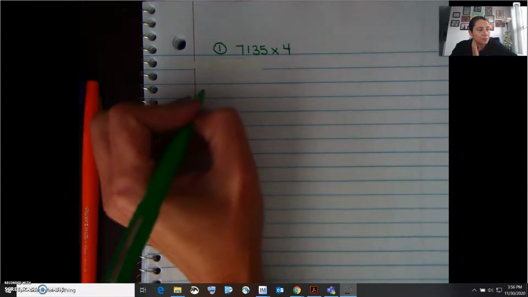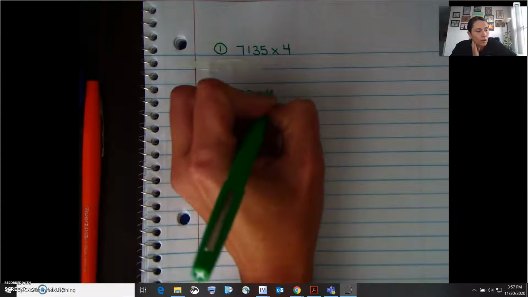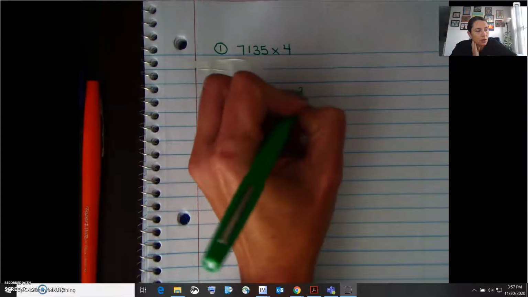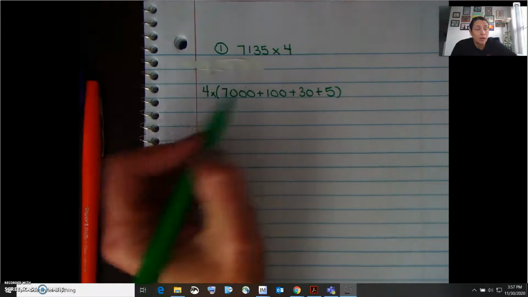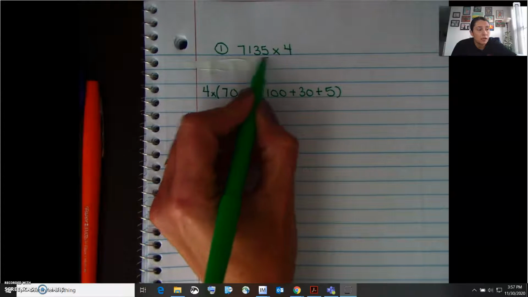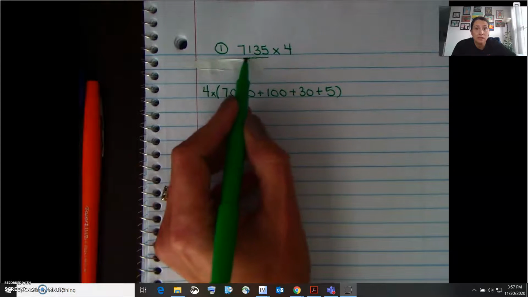So the first way that I want to check is, I want to know, is this way, 4 times (7,000 plus 100 plus 30 plus 5) the same as this? So what we have to ask ourselves when we are multiplying, did we expand this correctly? Do we have 7,000?